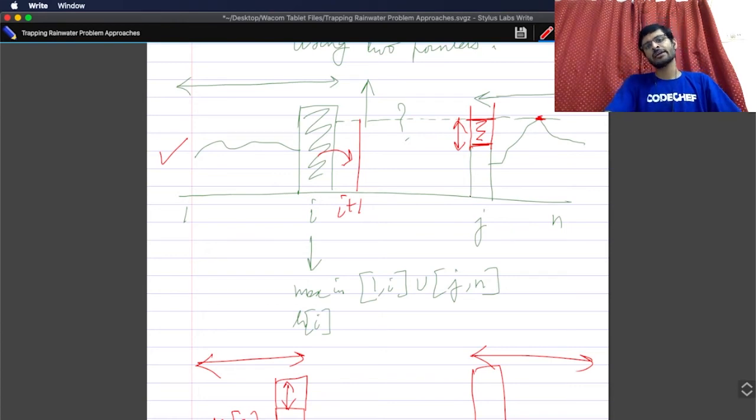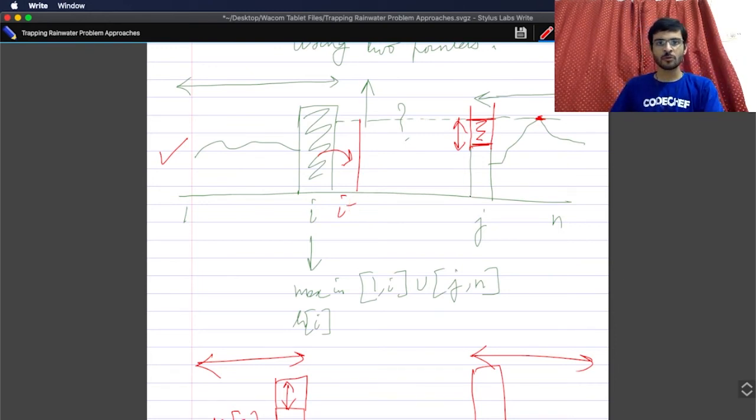If you move i forward from this particular stage, then with i plus 1 and j, maybe none of them is the greatest element. Till now, from the left and from the right, we had the greatest element at h[i]. Now if we move i from there, maybe none of i plus 1 and j has the greatest element; it remained at i.